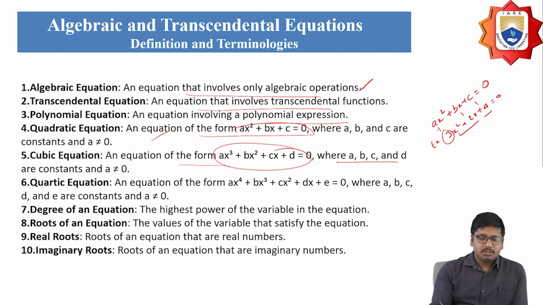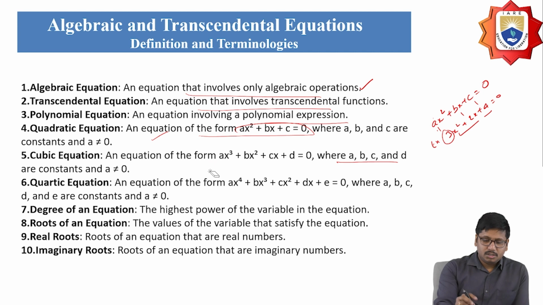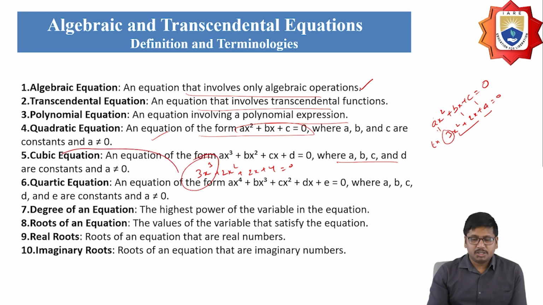And biquadratic equation. The equation of the form ax power 4 plus bx cubed plus cx squared plus dx plus e equal to 0, where a, b, c, d, e are constants and a not equal to 0. Suppose I have an equation like 3x cubed plus 2x squared plus 2x plus 4 equal to 0, it is of power 3, so it is called a cubic equation.